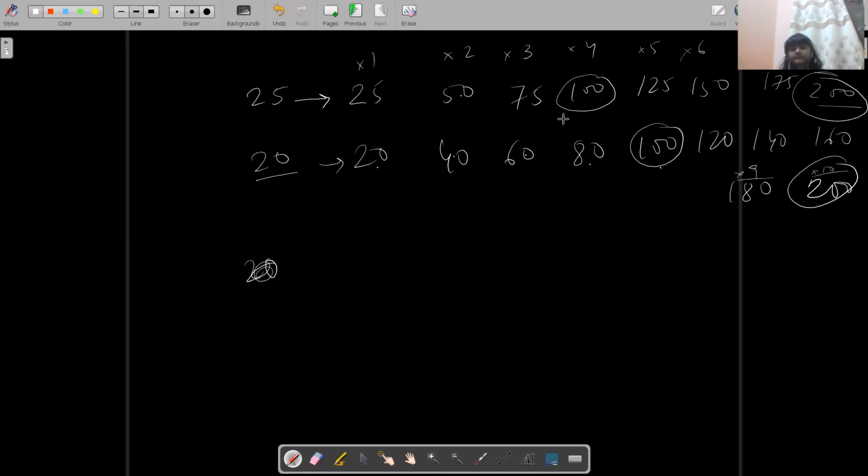If I continue this line, there will be so many numbers which are common multiples. But from them, which one is the lowest? 100 is the lowest one. So that we will take.